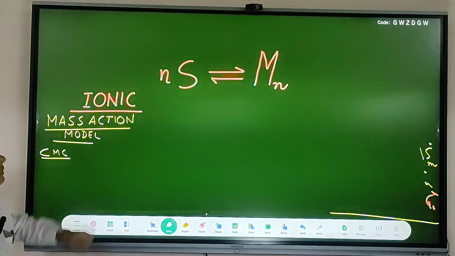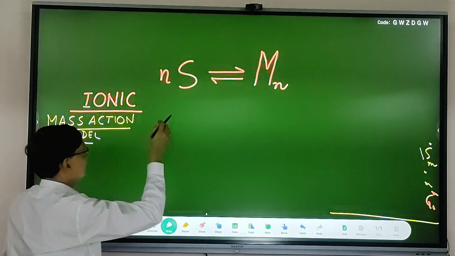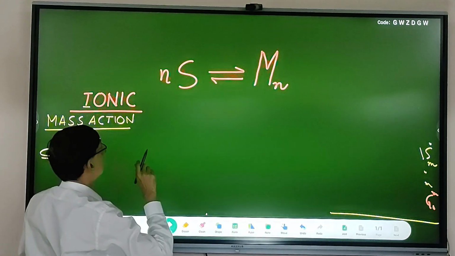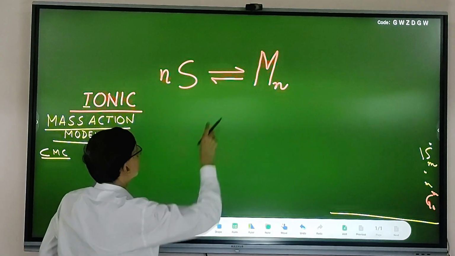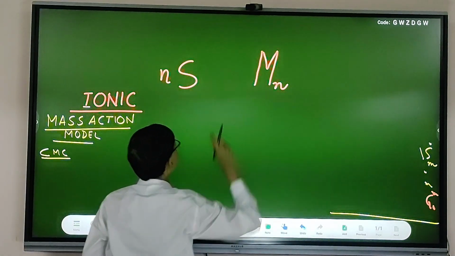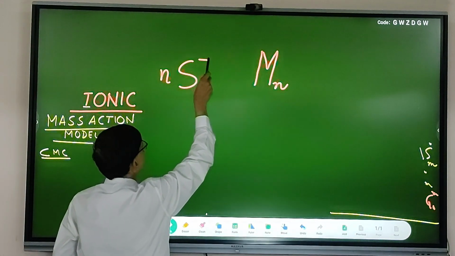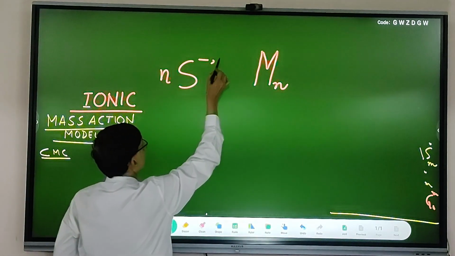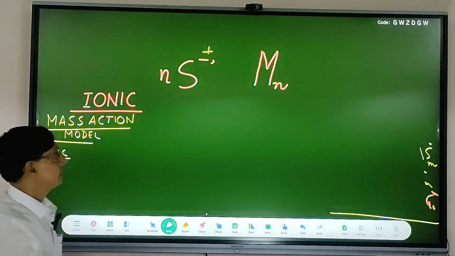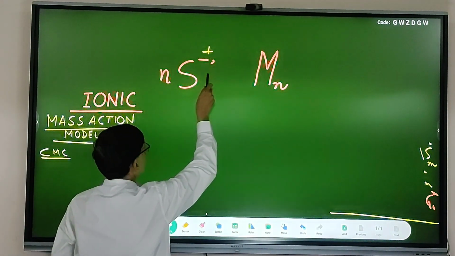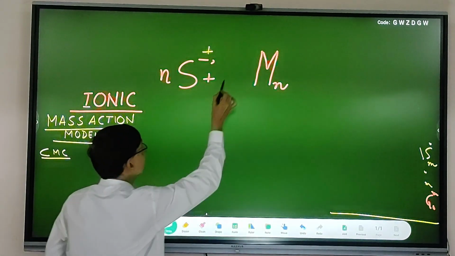Now if it is an ionic surfactant, naturally there is a difference. What is that difference? First difference is that it may be negatively charged, it may be positively charged, and additionally there is some counter ion.